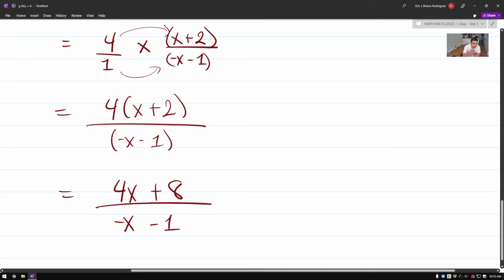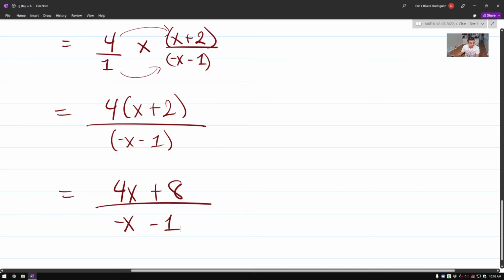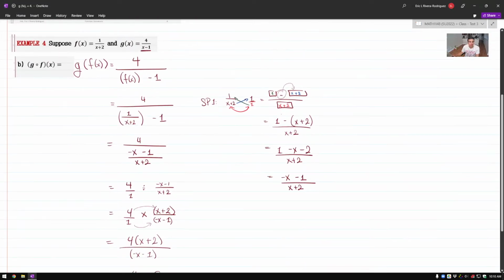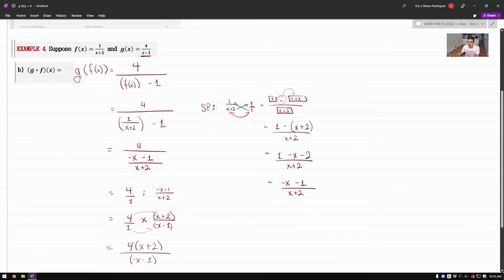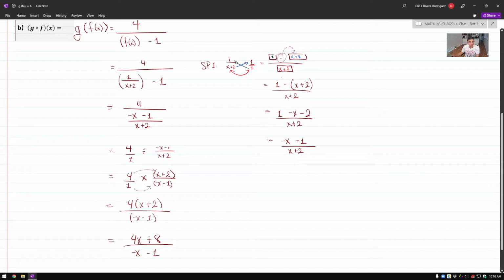Let me see. Alex, yeah, you got it wrong there. Let me zoom out. I don't know how well you can see here. Can you follow the step here?